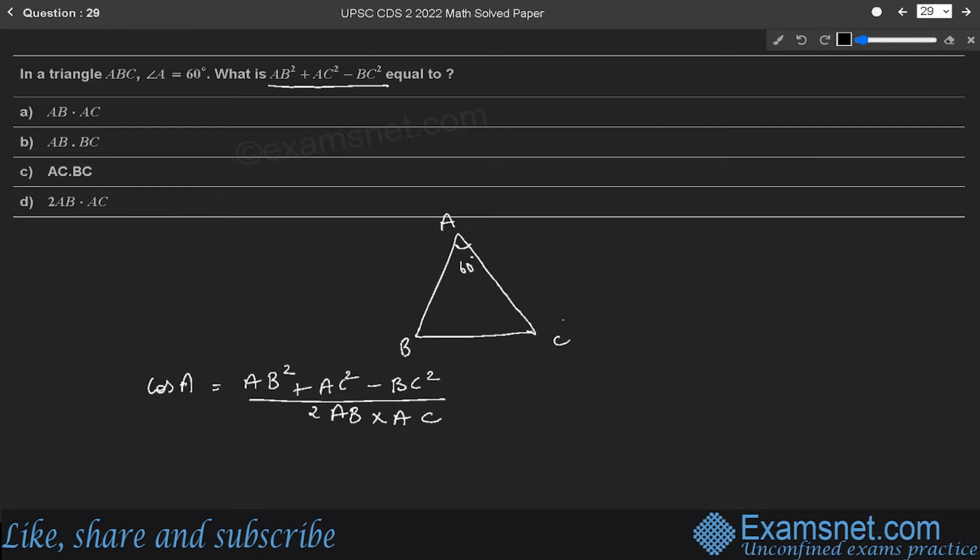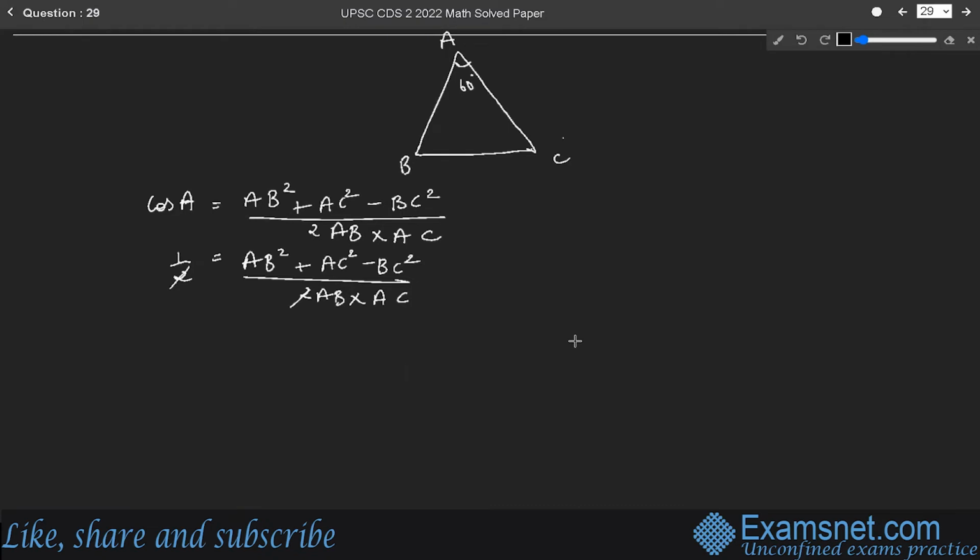Here angle A is 60 degree, so cos 60 will be 1 by 2. Therefore 1 by 2 is equal to (AB square plus AC square minus BC square) upon 2AB into AC. This 2 and this 2 will be cancelled.